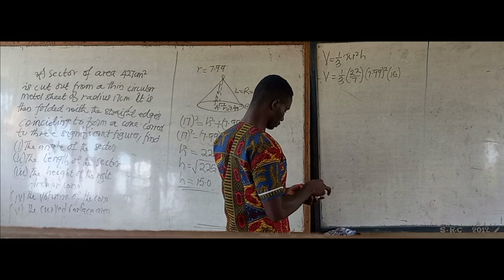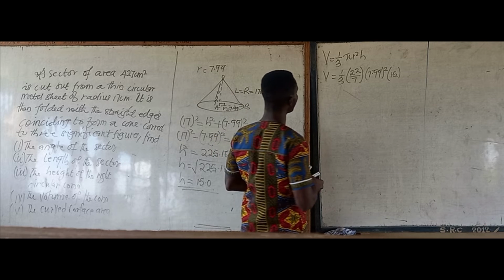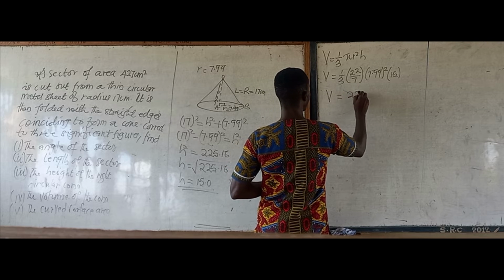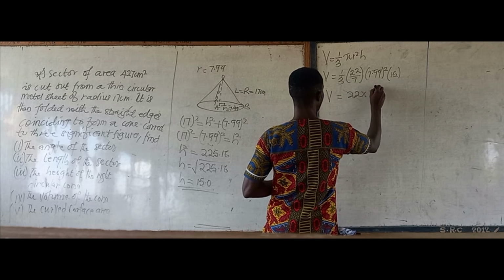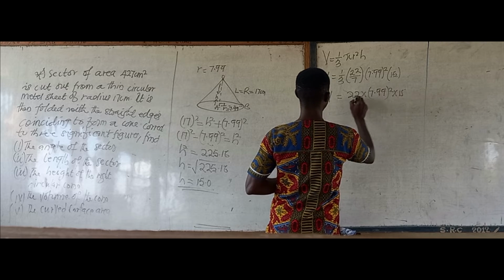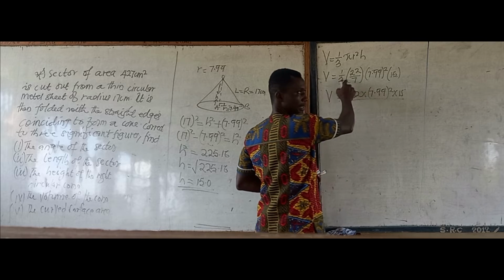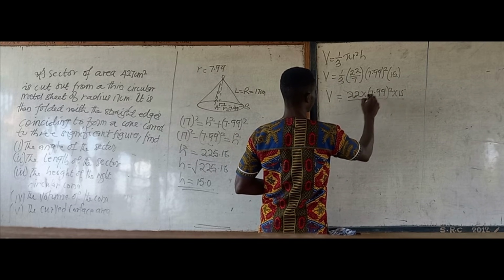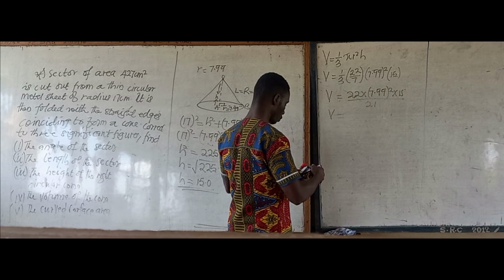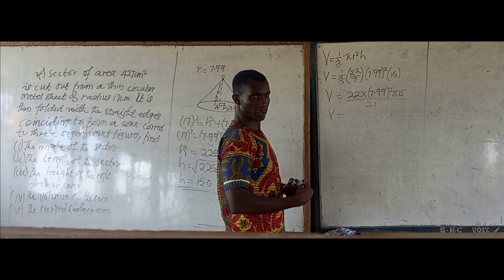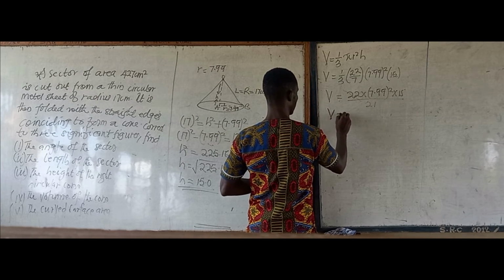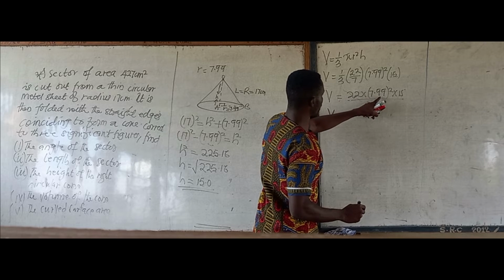Now, we have V equal to 22 times 7.99 squared times 15, all divided by 3 times 7, which is 21. So V will be equal to, compute this on your calculator and let's see what goes. Press 22 times 7.99 squared times 15.